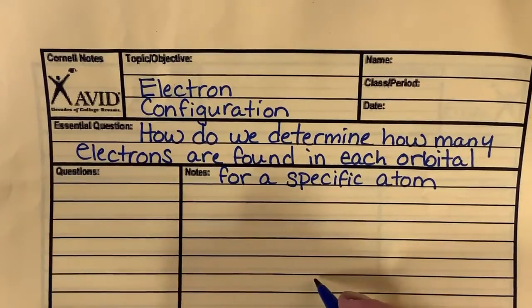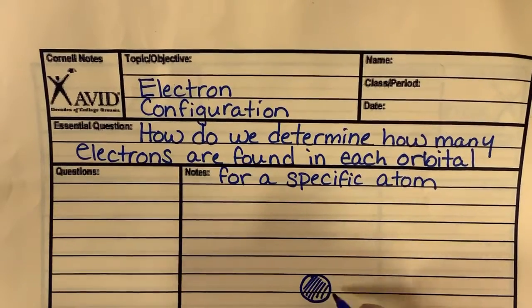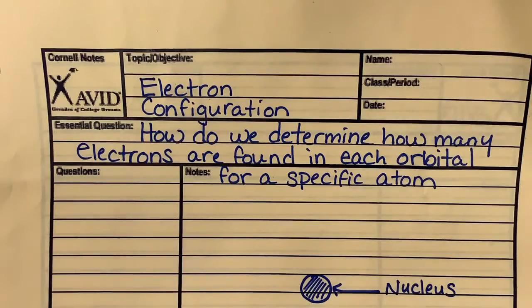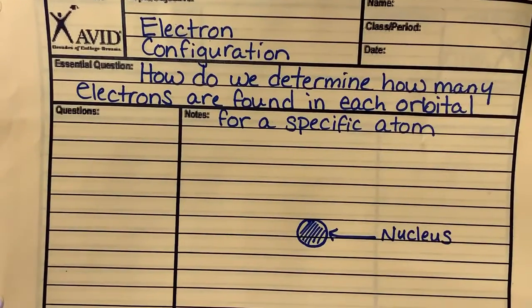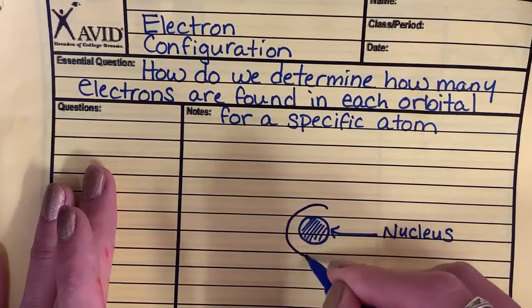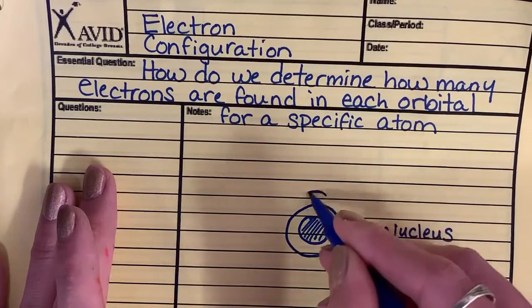We said that the center of our atom was called the nucleus, and that's where our positive protons and our negative electrons were going to be found. Well, our electrons are going to be in electron clouds or electron orbitals or electron shells, but they are going to be outside of the nucleus.